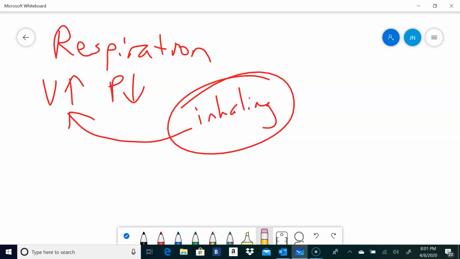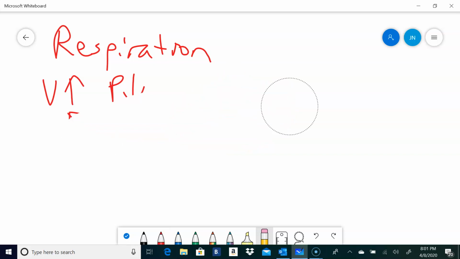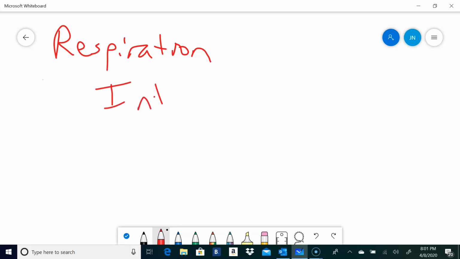Some of the pressures that we talked about of importance are the pulmonary, transpulmonary, intrapulmonary, those sorts of things. Intrapleural. Things that you should remember. The intrapleural pressure, pressure in the pleura, is always negative.